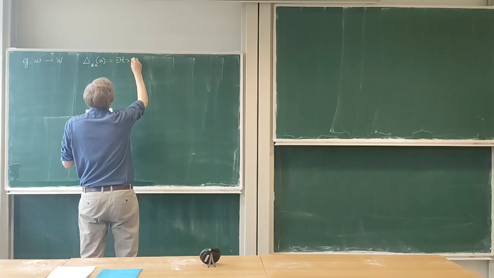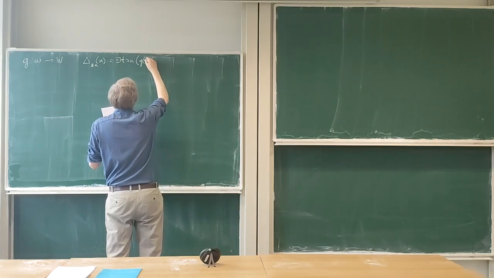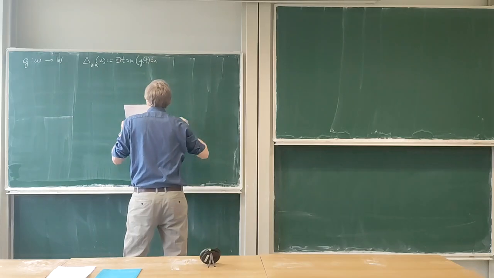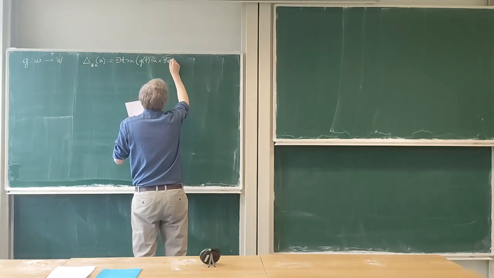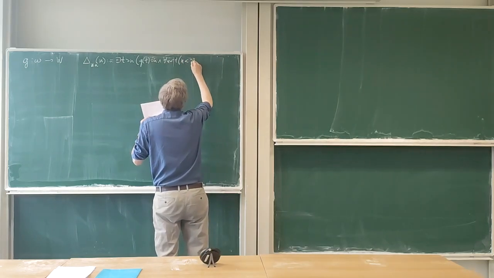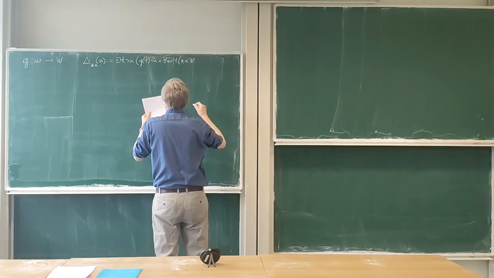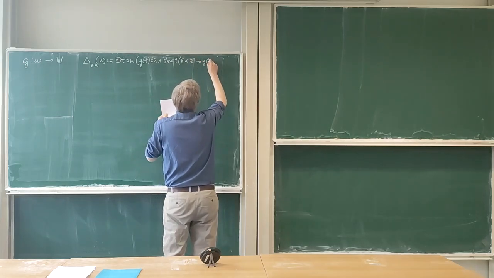There is a t bigger than n such that g of t is u, and for all z from t and d, g of z is w.